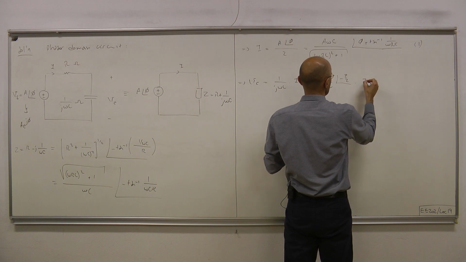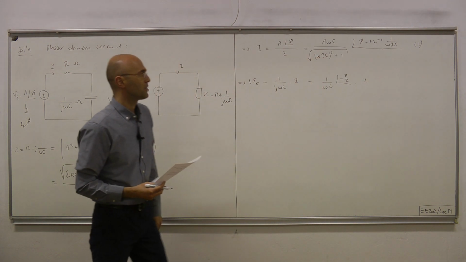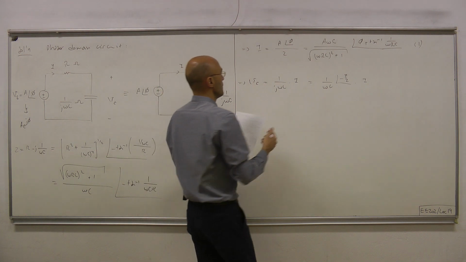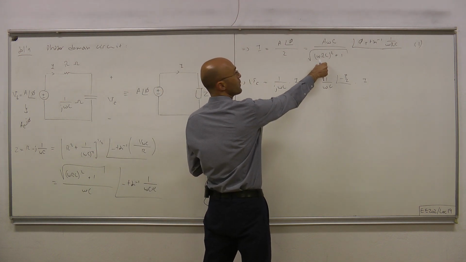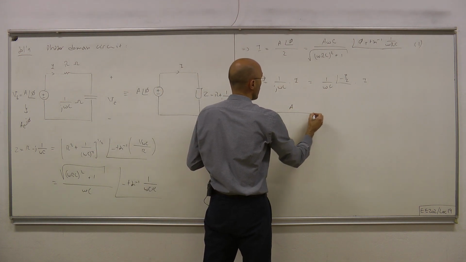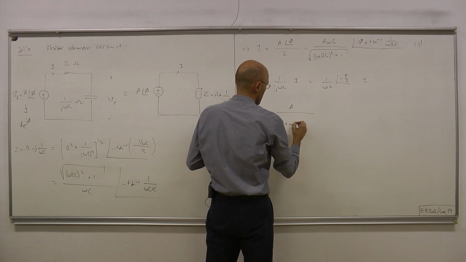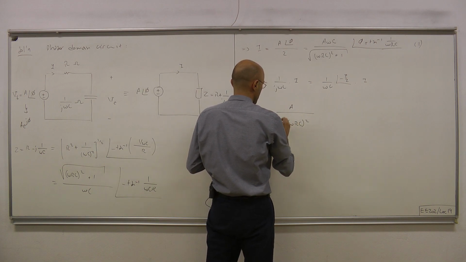Minus pi over 2 times the current I, which equals, here we have the current A over 1 plus omega RC square.